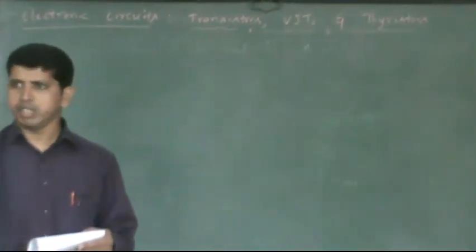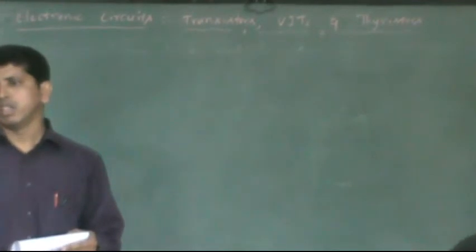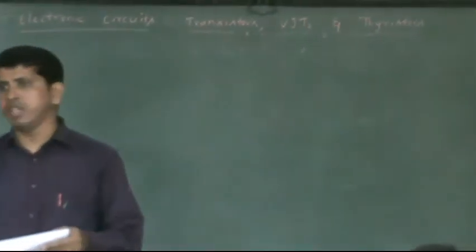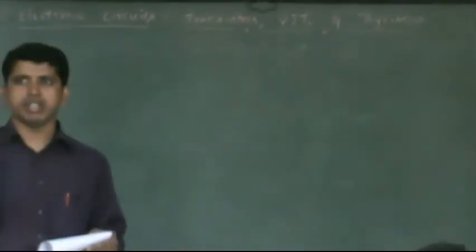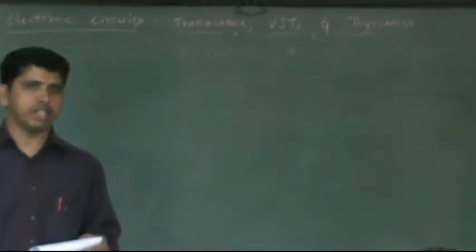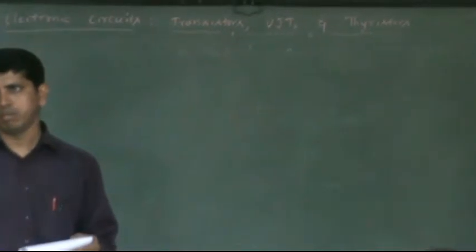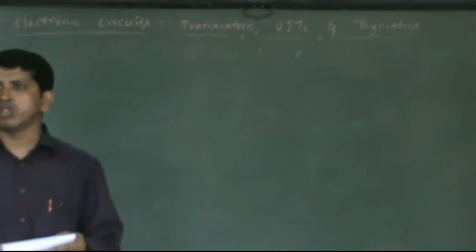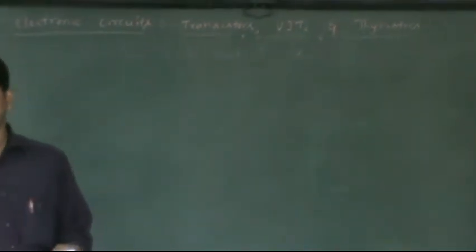You can simply write VCE comma IC. Another way of defining operating point is that it's a point on the transistor output characteristics in common emitter configuration. Simple definition which you can give. Okay. So operating point is also called the Q point or quiescent point, which is already defined. Okay. Now we'll see how to select an operating point.